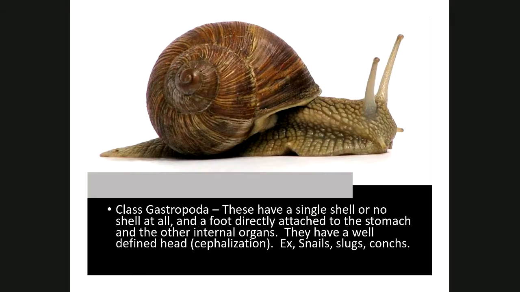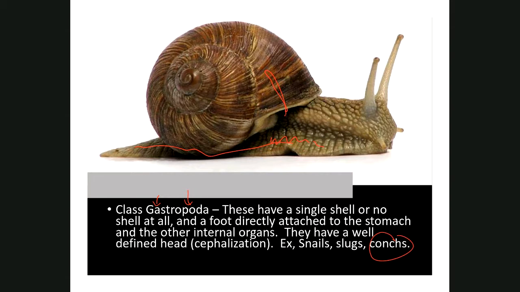All right, gastropods. They have their muscular foot, which is this, attached to what looks to be their stomach, which is inside the shell. These are the snails and the slugs, and the big seashells, the conchs or conches, however you're going to say it.